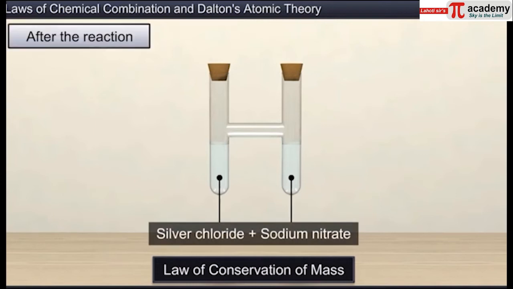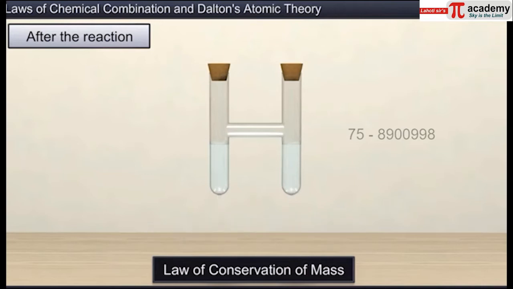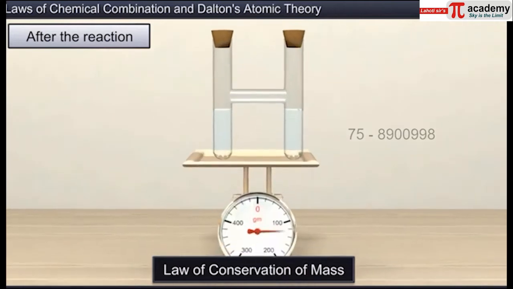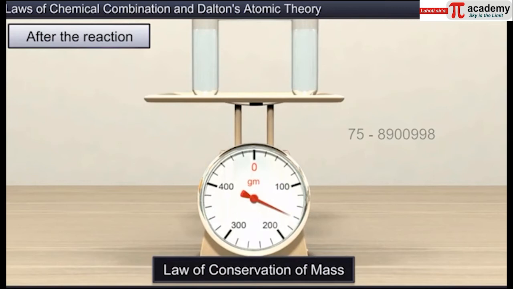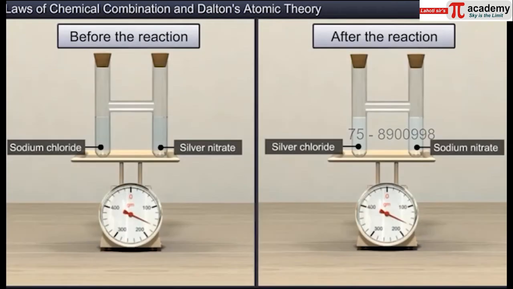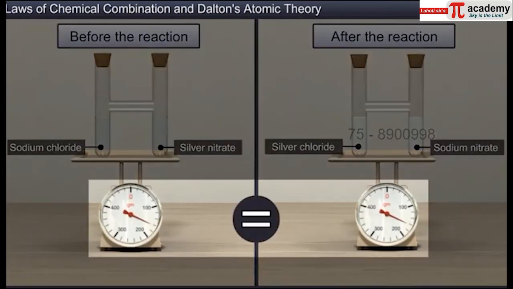Reaction takes place and we notice that a white precipitate of silver chloride is formed in the tube along with sodium nitrate solution. Let's weigh the tube after the reaction. We observe that the weight remains the same.